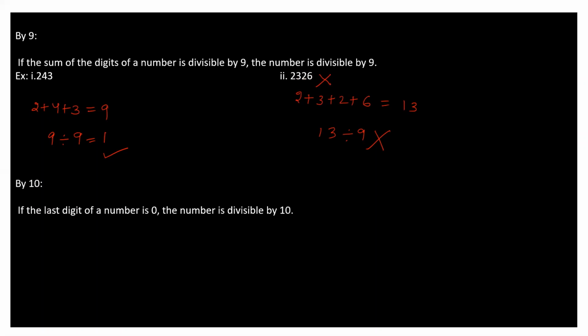Divisibility rule of 10. If the last digit of a number is 0, then the number is divisible by 10. The first example, the last digit is 0. So it is divisible by 10.